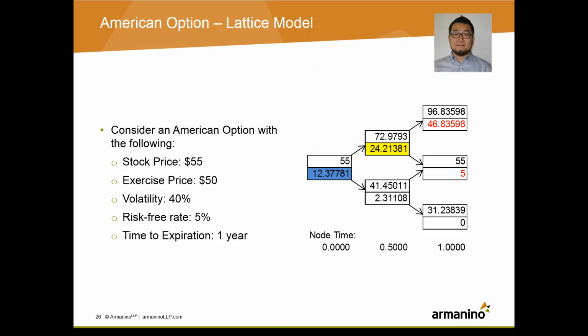We are assuming the stock has volatility of 40% with a risk-free rate of 5% in the market, and a time to expiration of 1 year. Since this is an American option, the option holder can exercise at any time within the 1 year to expiration.